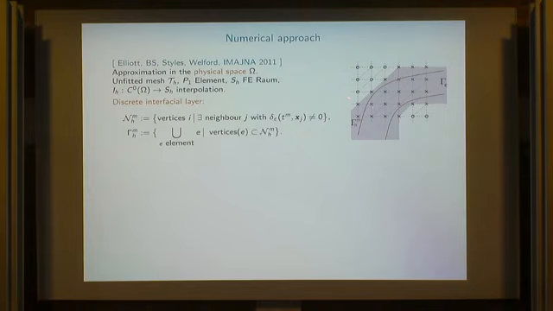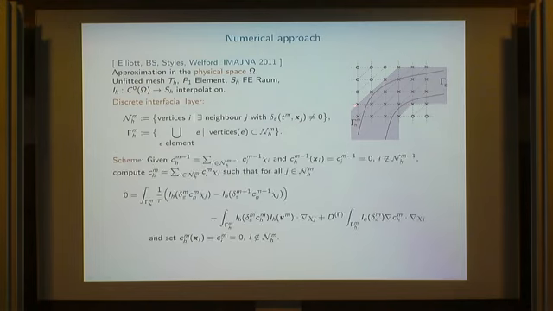In these neighboring points, this delta epsilon is positive; outside it might be 0. So this is the scheme that we then propose. Given the data at the previous time step, this thin layer evolves depending on the velocity field that is given. In this case, we propose to solve this equation here.